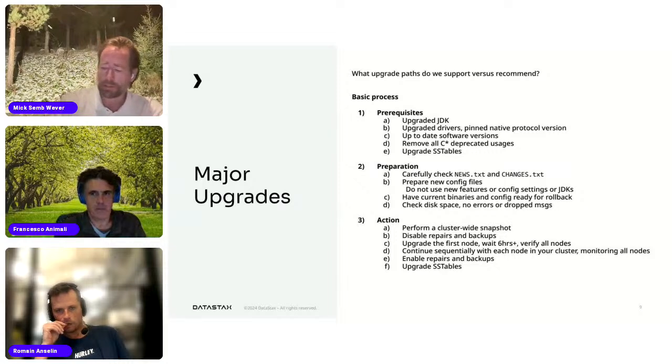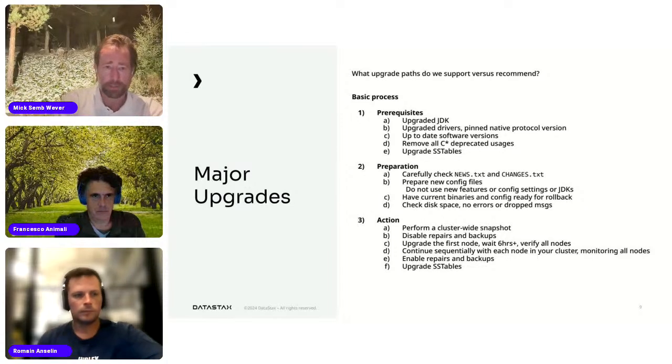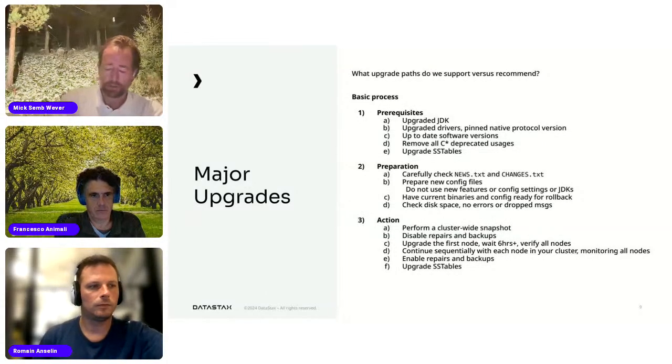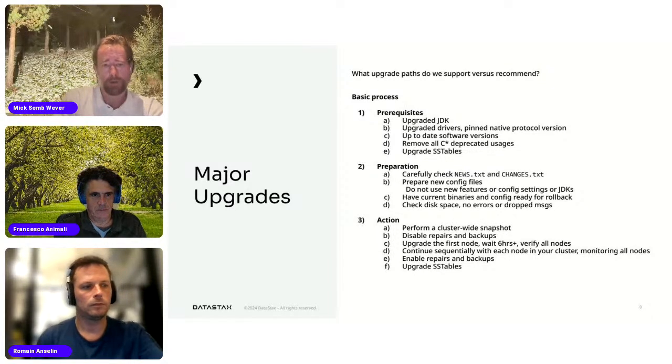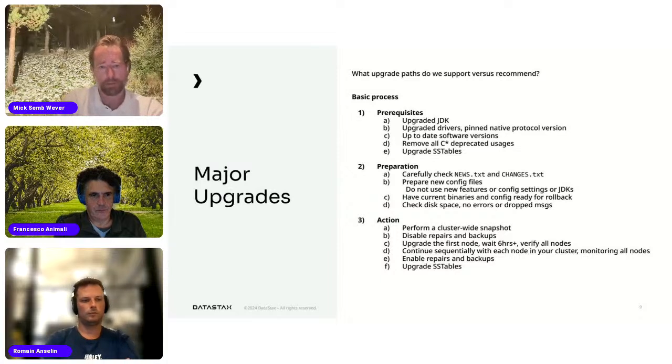Otherwise, since Cassandra 4, the Cassandra community has been more clear in that for online upgrades, where you're doing a rolling upgrade of each node while maintaining full availability and your services online, we recommend that you only upgrade between adjacent major releases.